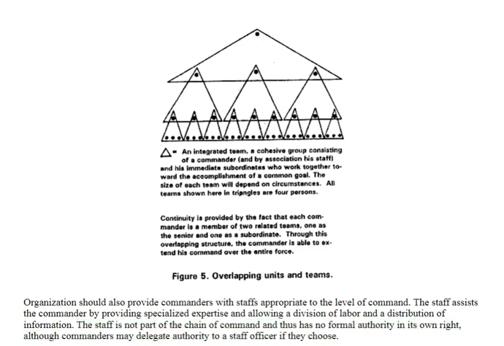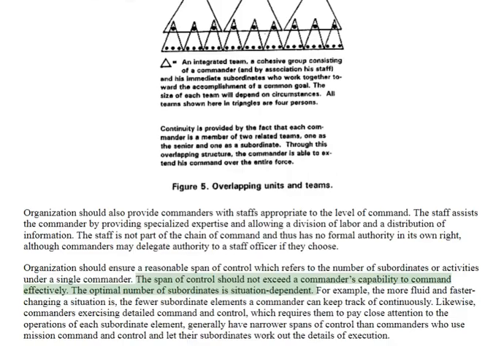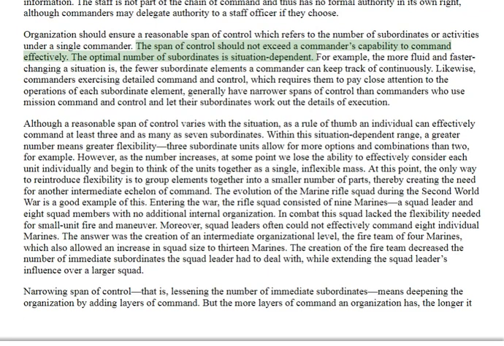The organization should ensure a reasonable span of control, which refers to the number of subordinates or activities under a single commander. The span of control should not exceed the commander's capability to command effectively. The optimal number of subordinates is situation dependent. For example, the more fluid and faster changing the situation is, the fewer subordinate elements a commander can keep track of continuously.